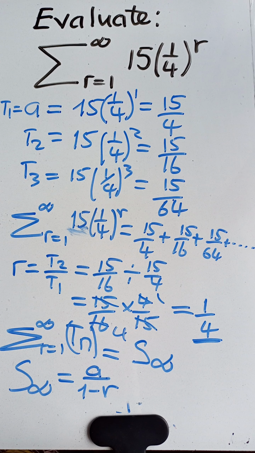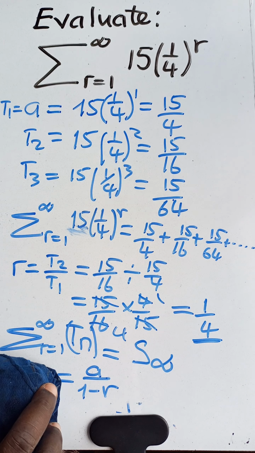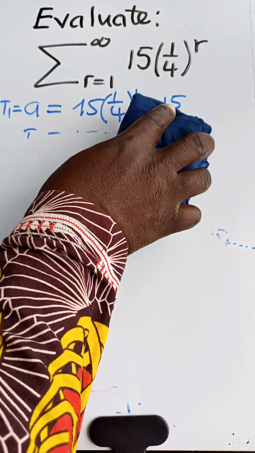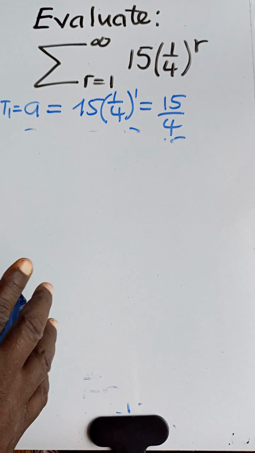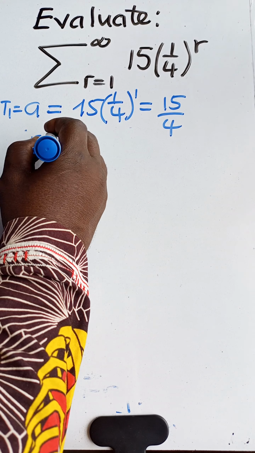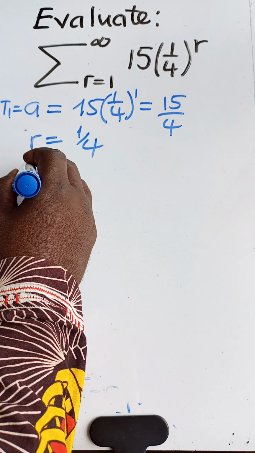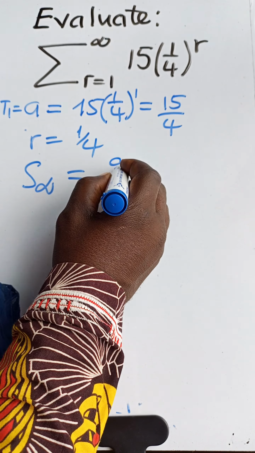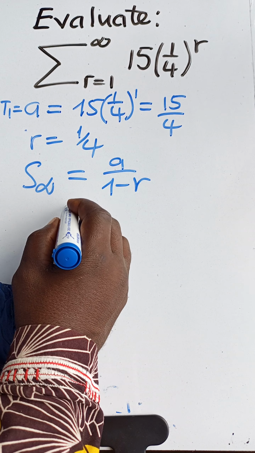So we know our first term, which is 15 all over 4, and we know the common ratio, 1 all over 4. Let's apply that formula: sum to infinity is A all over 1 minus R.